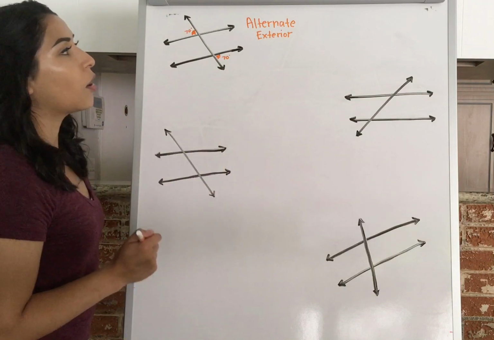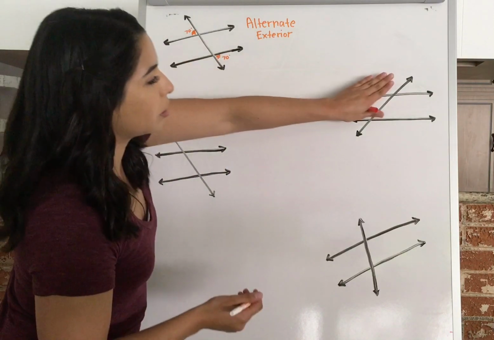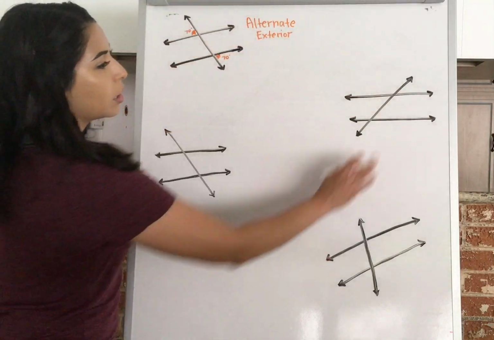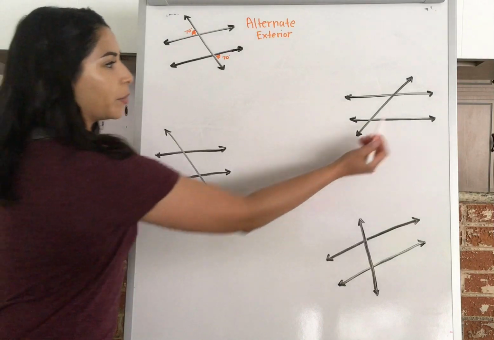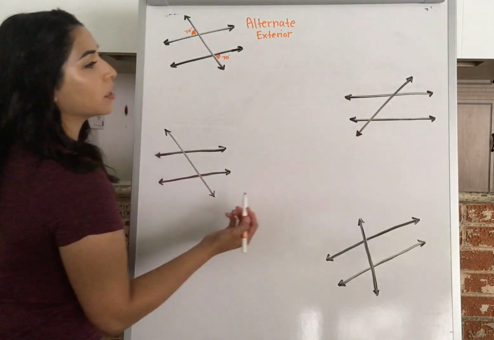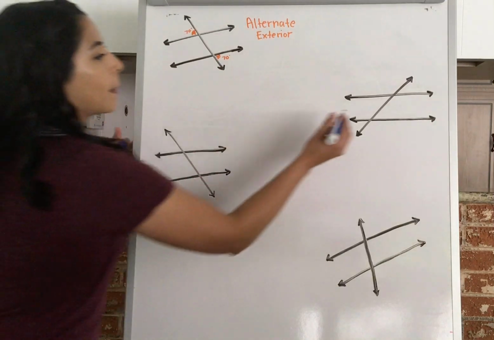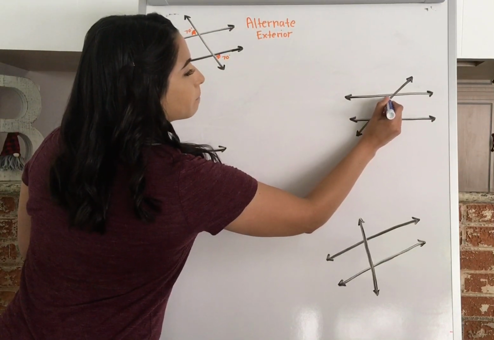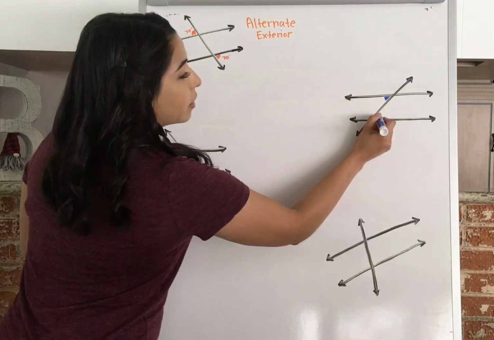Next one, alternate interior. So alternate, one's gonna be on this side of the transversal, the other one's gonna be on the other side of the transversal, and then interior means inside of the parallel lines. So these right here. Look at this angle right there, and this angle right here.